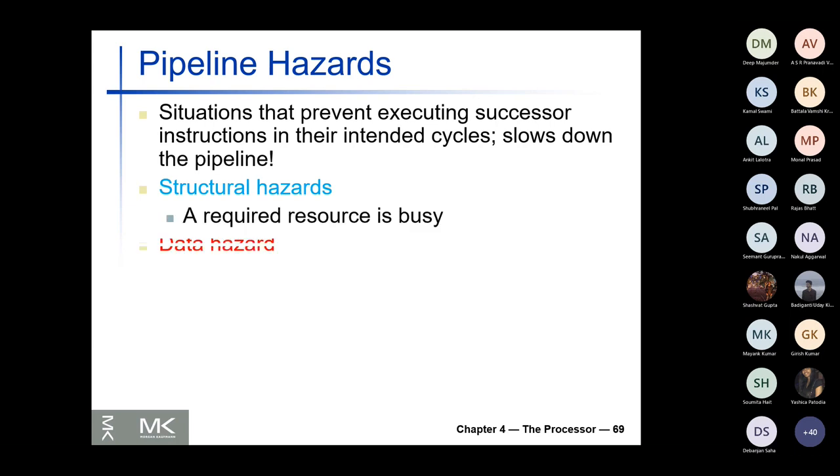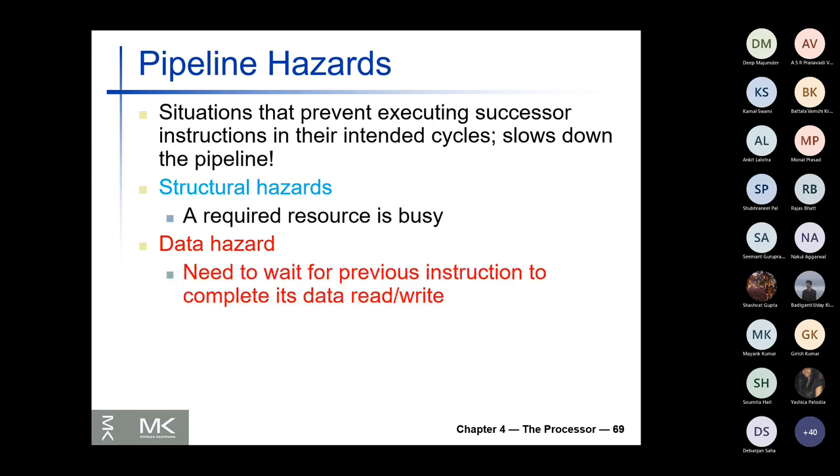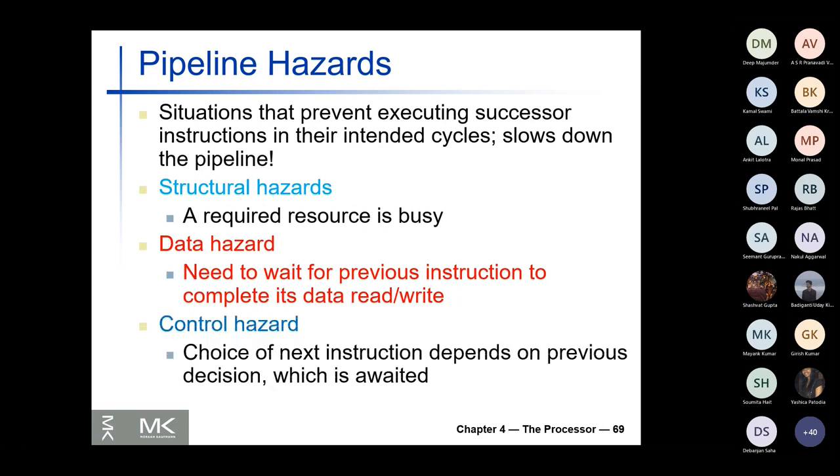Structural hazards mean the required resource is busy. Data hazard means you are waiting for something, but it is yet to be completed, so you need to wait for a previous instruction to finish some data read or write. And control hazard, you have some branch instruction, and the choice of the next instruction depends on the decision of the branch instruction, which is awaited.